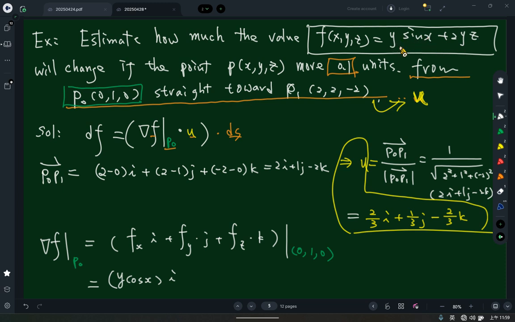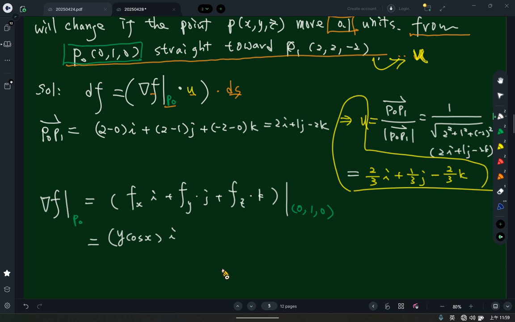So only y times sine xy will be affected, but for yz, since they are constant, when we differentiate with respect to x, that will be zero. So we can get y times cosine xy i. Then we also have sine xy plus 2z j.